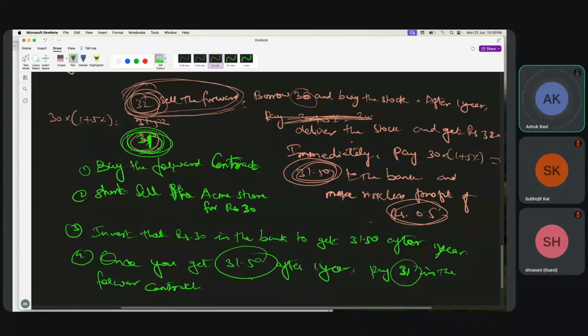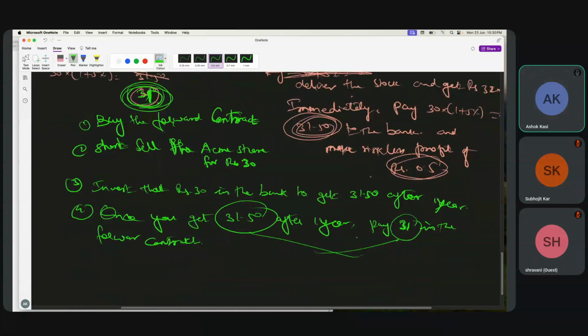So you are making 0.5 profit, no? And you will get the share. That share you can repay, because you are shorting over here. You have to give back shares. So after 1 year, you will pay back. Is it okay now?